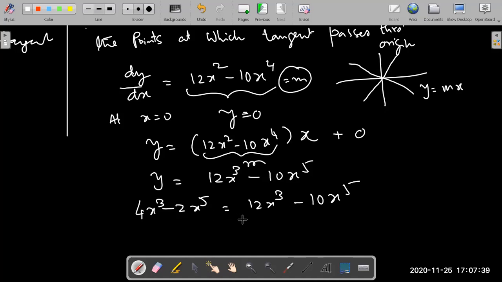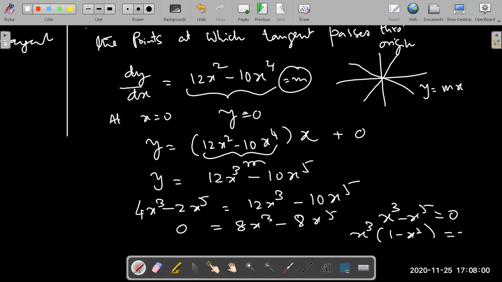So you rearrange, put everything to one side, you will have 12 minus 4 is 8x cubed plus 2 minus 8x to the power of 5 is equal to 0. Then take out 8, so you can write x cubed minus x to the power of 5 equal to 0. So you got x cubed into 1 minus x squared equal to 0.